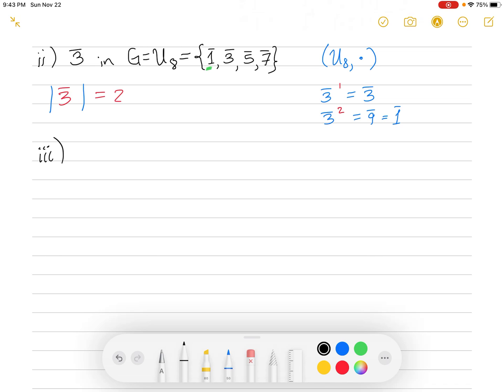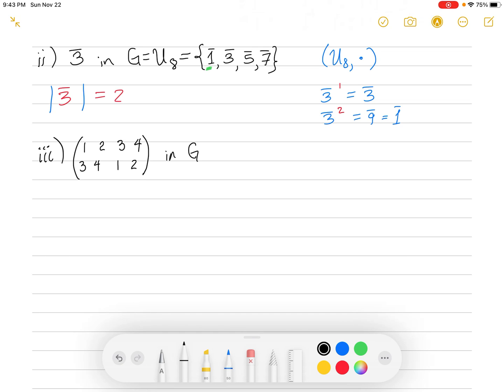No, let's do permutations. Let's talk about this permutation. 1, 2, 3, 4, those are our inputs, and our outputs are going to be 3, 4, 1, 2.